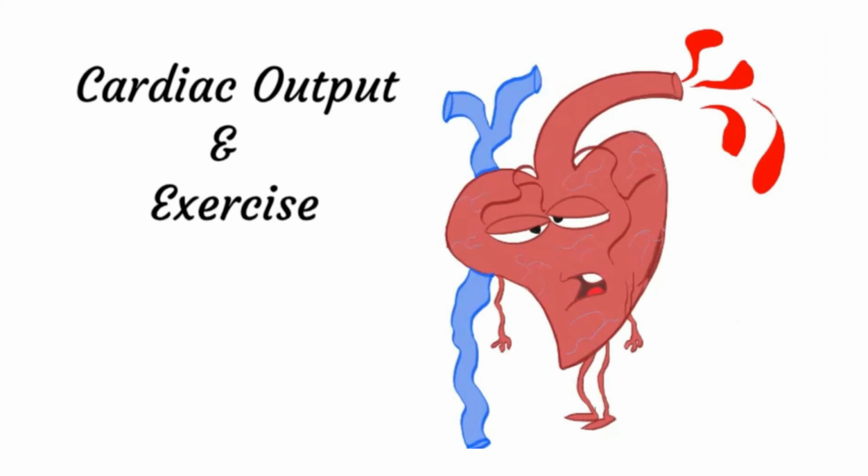Venous return can also increase stroke volume, but it gets a little bit complicated. So venous return: the more blood returned to the heart upon skeletal muscle contraction. Keep in mind the skeletal muscle pump facilitates the movement of blood back to the heart during exercise.